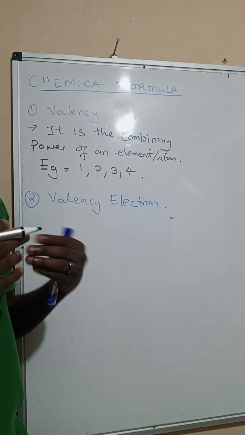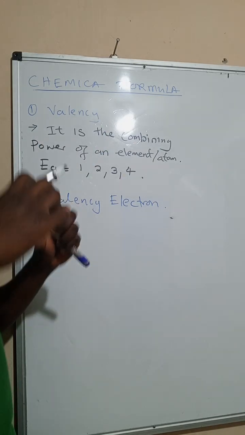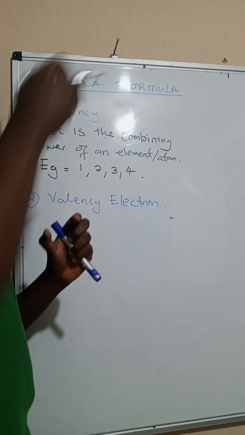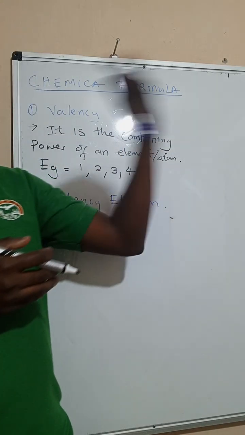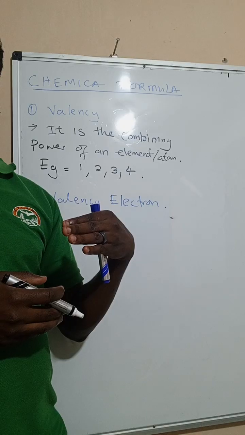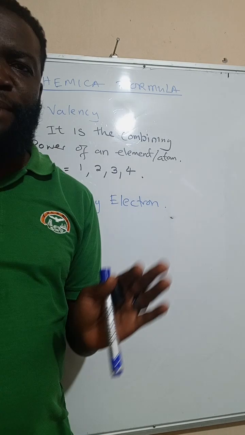Let's say you're combining calcium with oxygen. Calcium has the ability to combine with oxygen, and oxygen has the ability to combine with calcium, whether it's copper, calcium, or aluminium, whatever element it is.